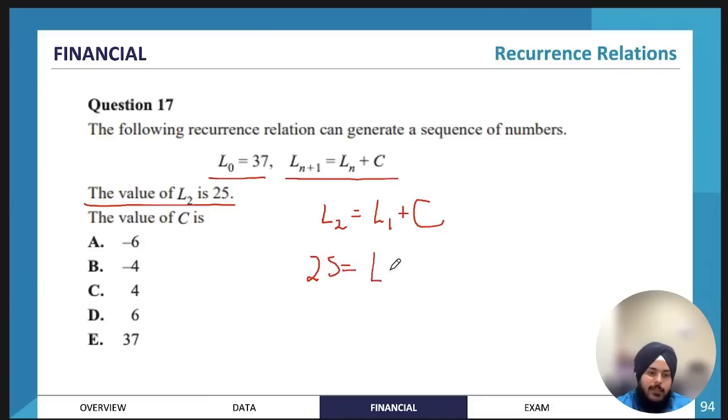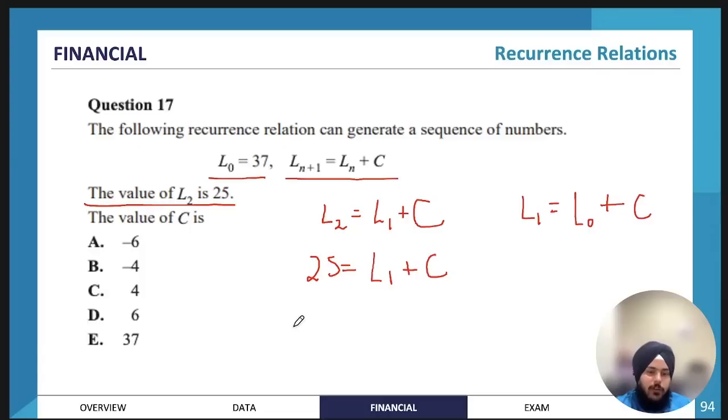We don't know what L1 is, but 25 is equal to L1 plus C. And what else do we know? Well, L1 is equal to L0, or the previous value, plus C. So what we are trying to determine here is what L1 will be.